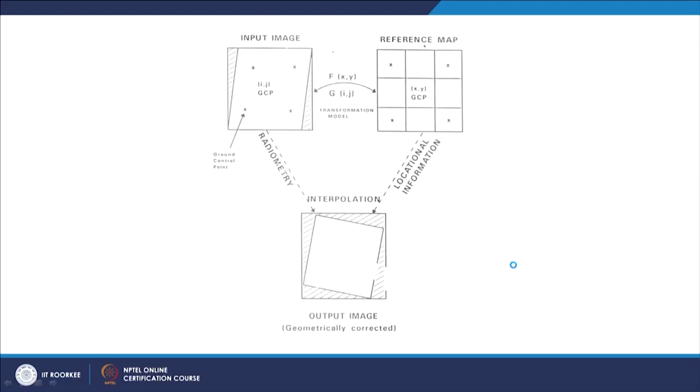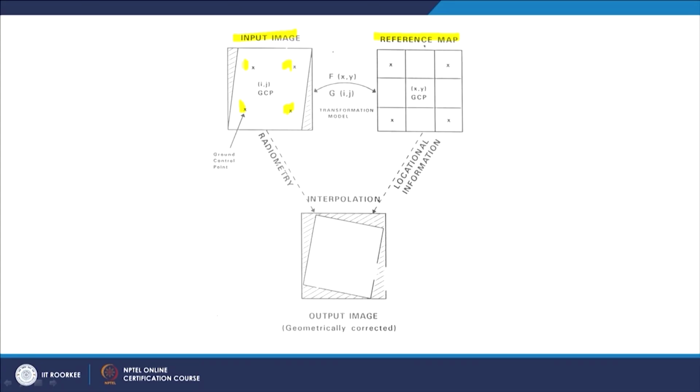I am presenting a schematic here. Here we have an input image and this is my reference map. I call this the master, and the left image, the input image, I can call the slave image. Now, this input image has to be georeferenced to our master image or master map. How is it done?